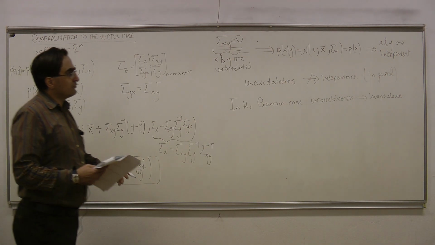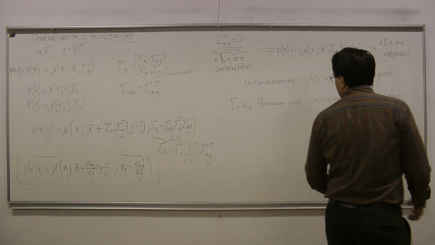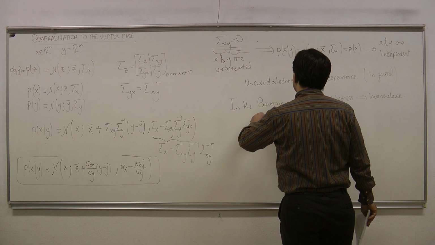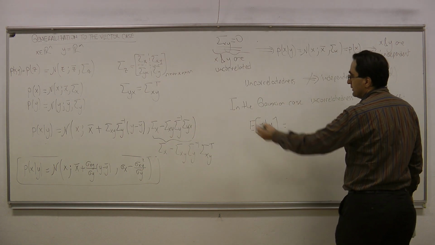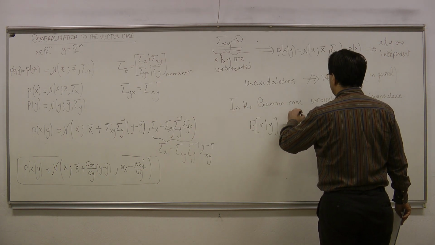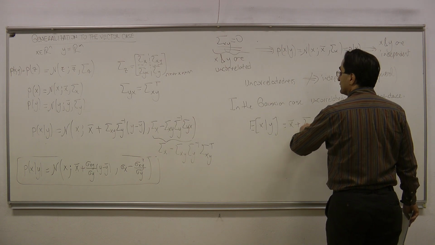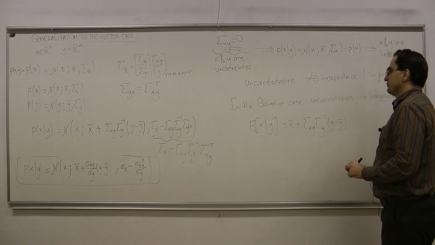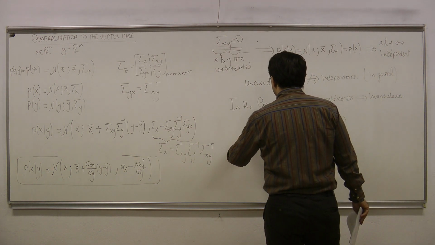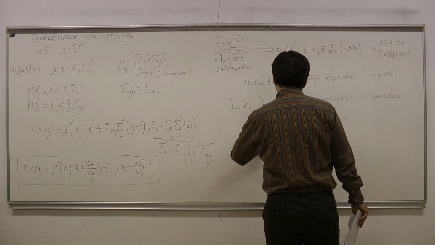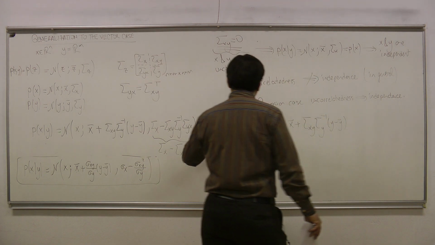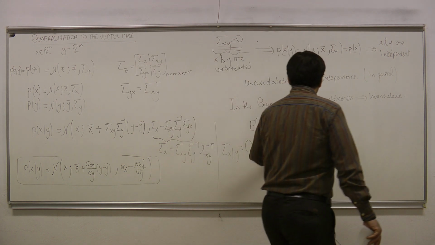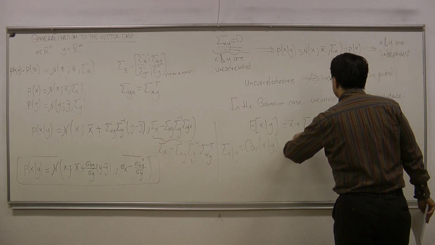So this was the case of Gaussians, and here the final formulas that I can write are the expectation of x given y, which is this formula. In the later parts of this course, we are actually going to use these formulas. And I have the covariance of x given y. I can define this as sigma x given y here, and that is equal to this formula.